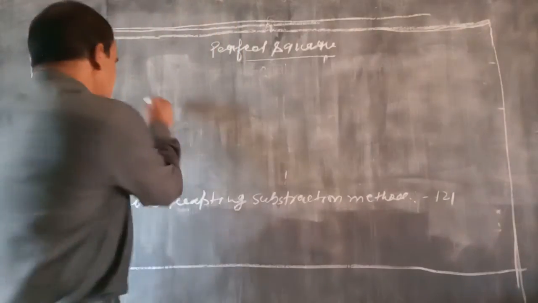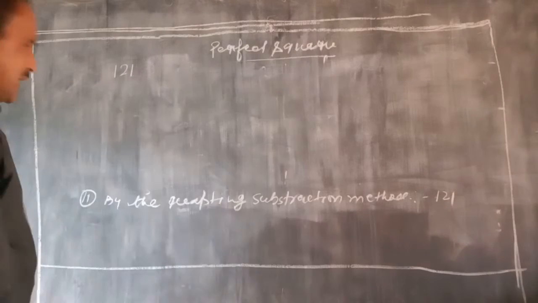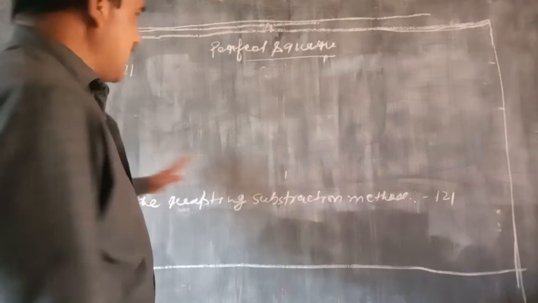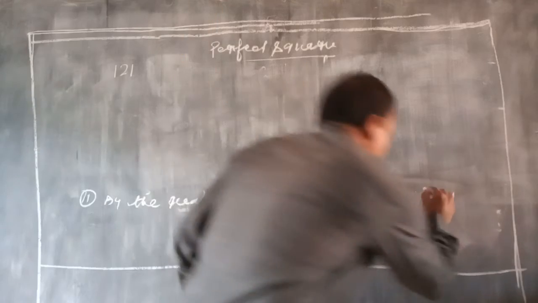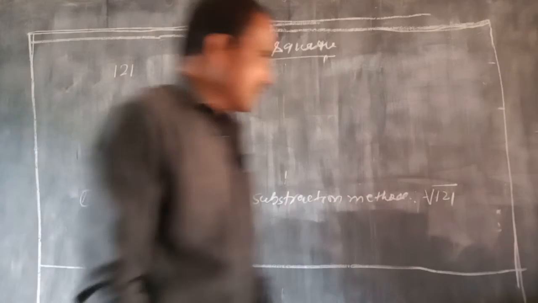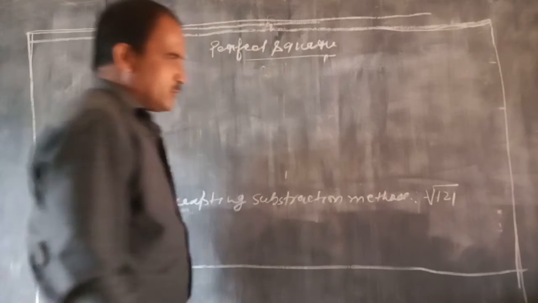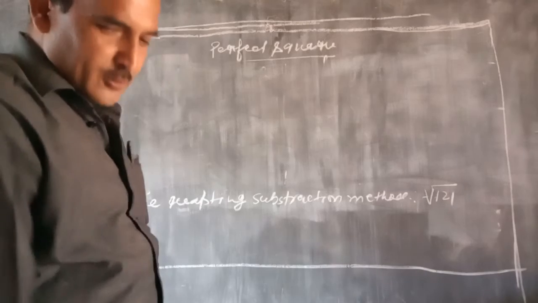121. We have written 121. By the repeating subtraction method, I am going to find the square root of 121. That means we have to find the square root of 121.